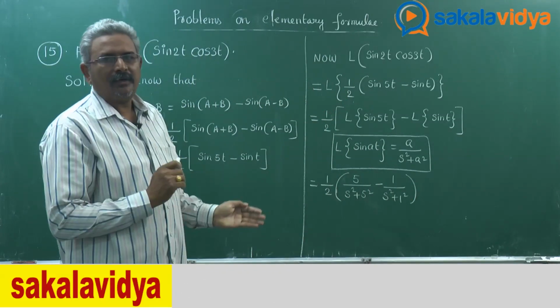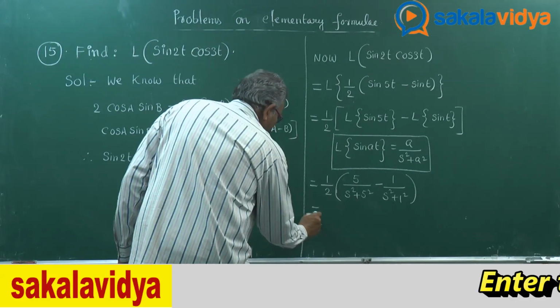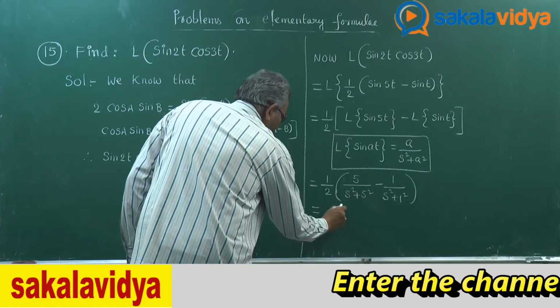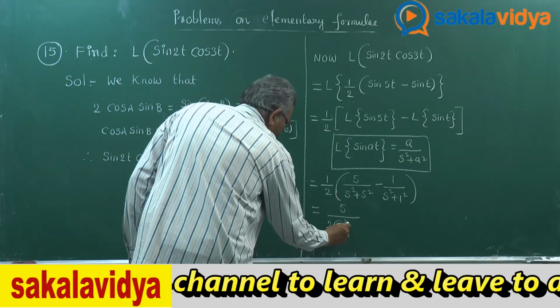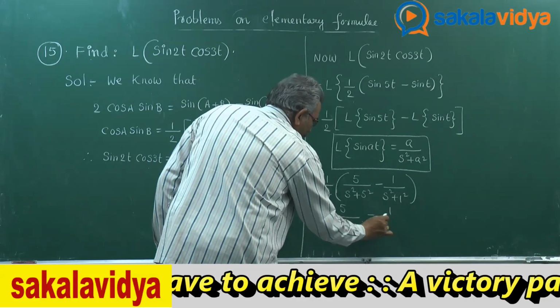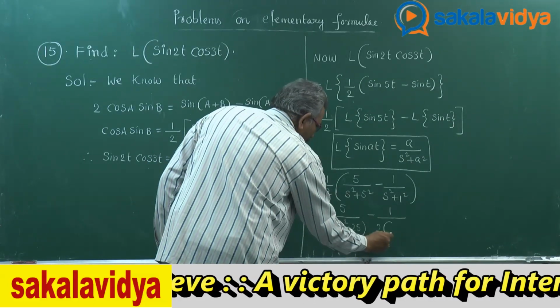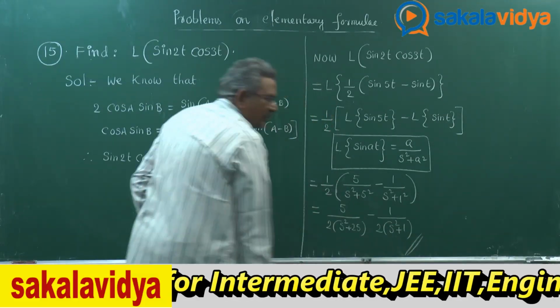Let us distribute half over the first term as well as the second term. So this can be written as 5 divided by 2 times s square plus 25, minus 1 divided by 2 times s square plus 1. So this is the answer.